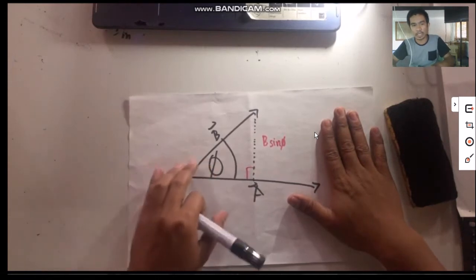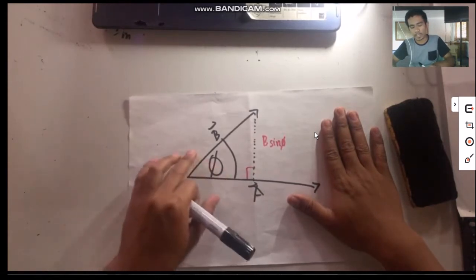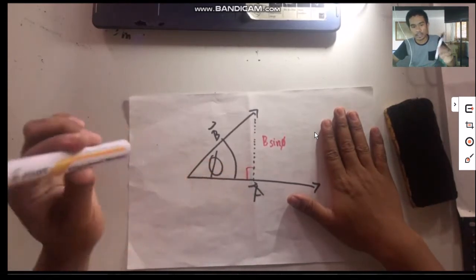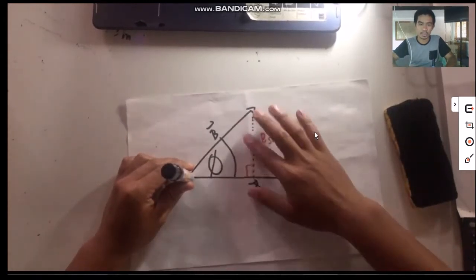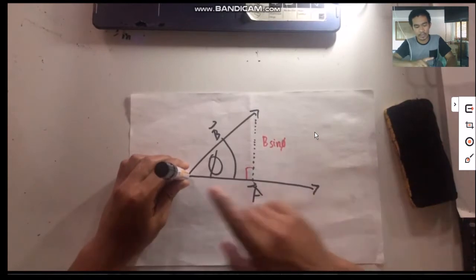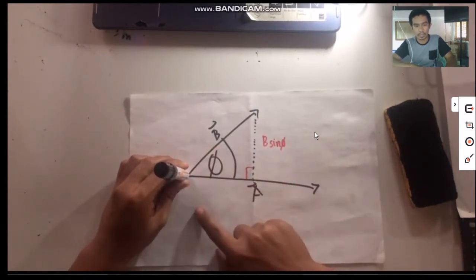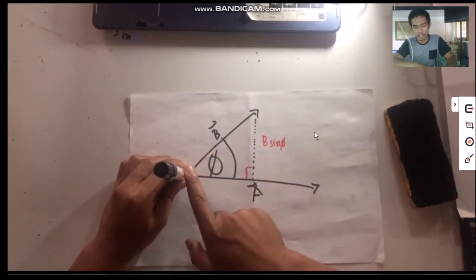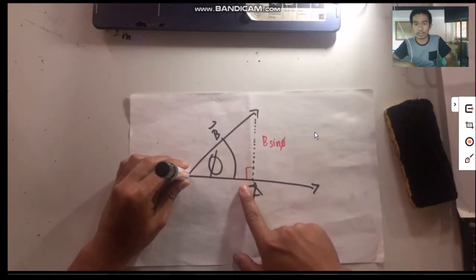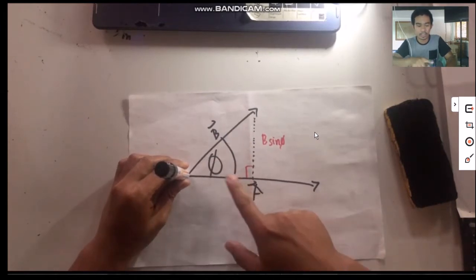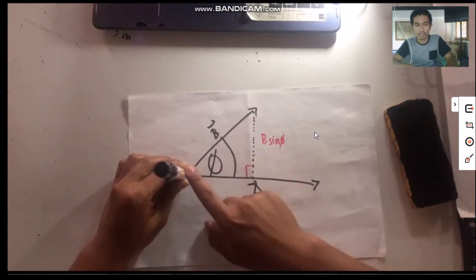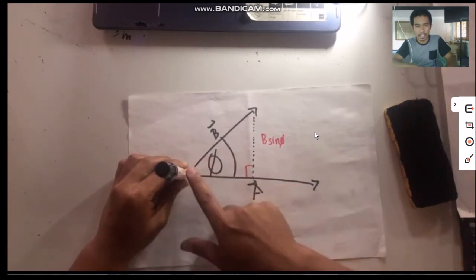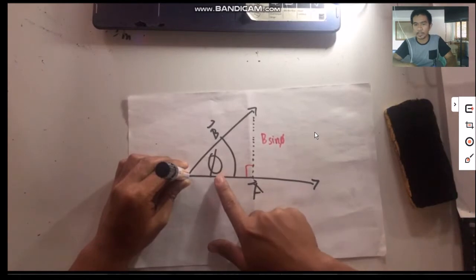This vector must be perpendicular to the plane where these two vectors are lying, so the cross product is perpendicular to vector A as well as vector B.